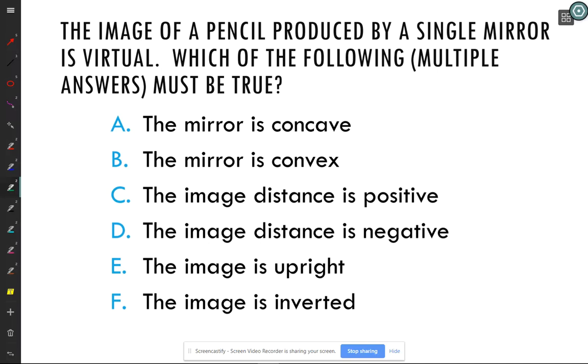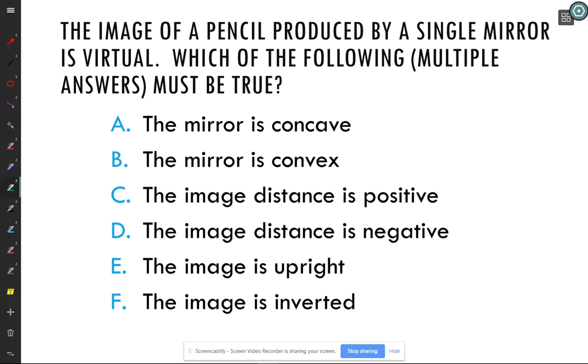Okay, so now that we've clarified that, does the mirror have to be concave to produce a virtual image? No is correct. Remember, I used both of these, and he had a virtual image when this was close enough to him, and he had a virtual image always with this one.